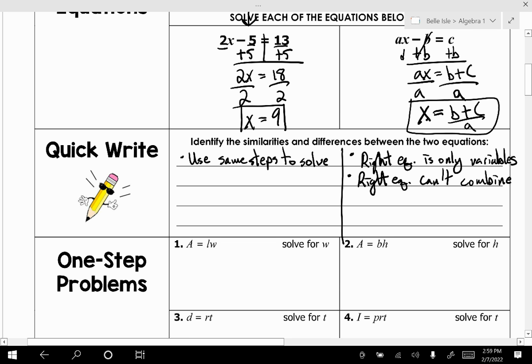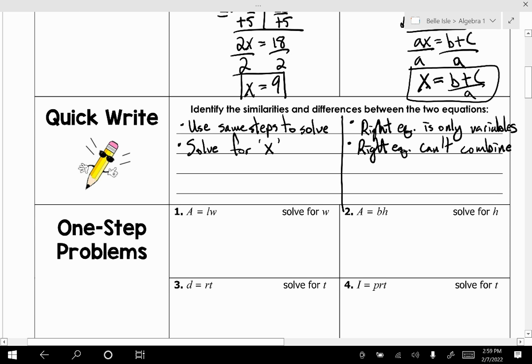Let's do one more similarity. Yeah, okay. And what are we solving for? Yeah, you can solve for x. We could solve for, well, never mind. I won't get into it. Good.